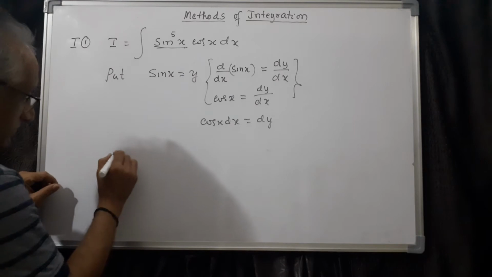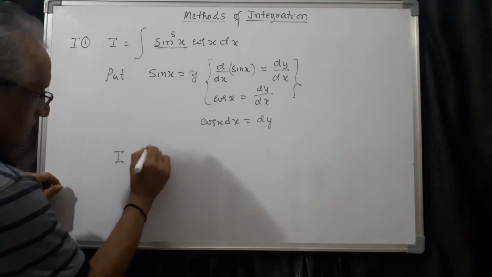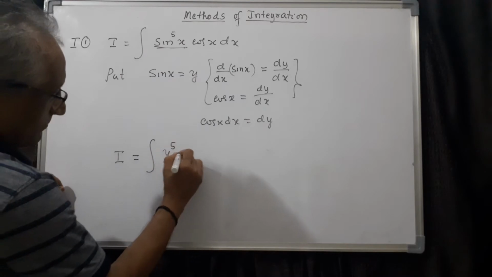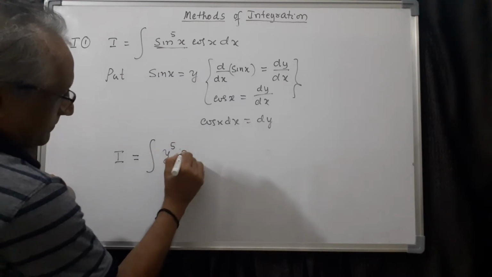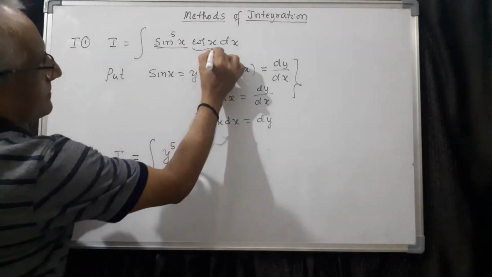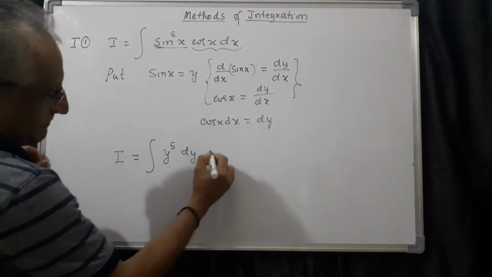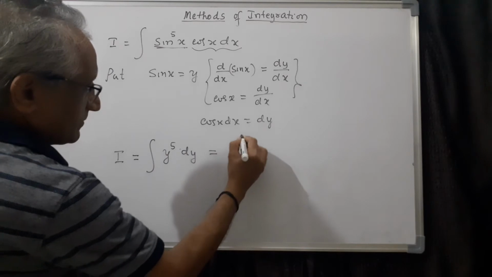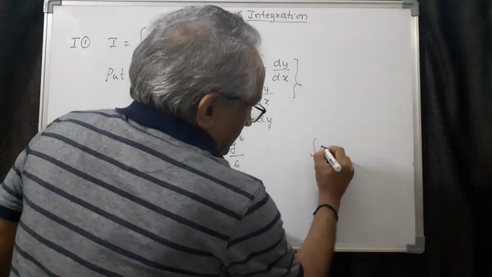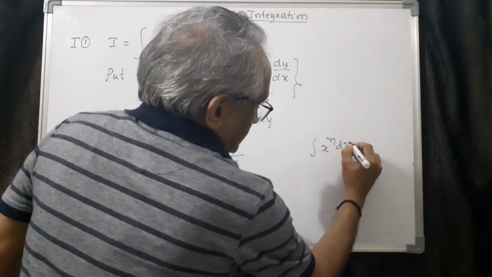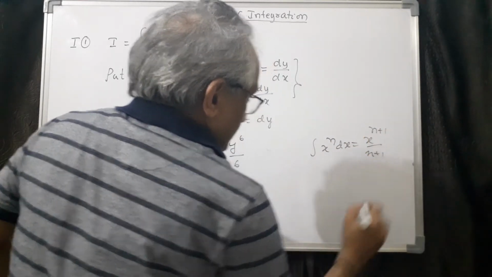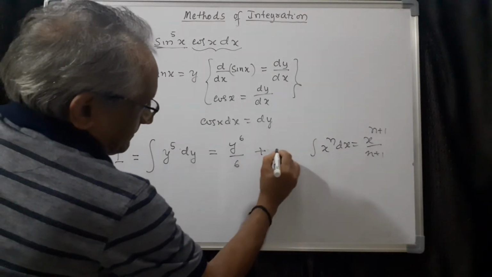Therefore now I will be equal to integration of y power 5 dy, because this becomes y power 5, this becomes dy. So this is y power 6 by 6, because of the algebraic formula: integration of x^n dx equals x power n plus 1 by n plus 1, plus c.